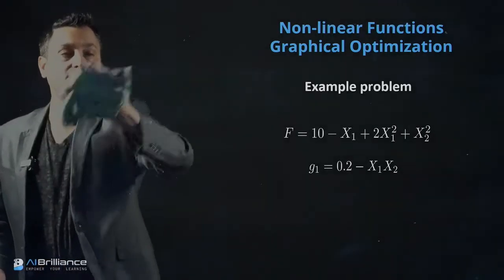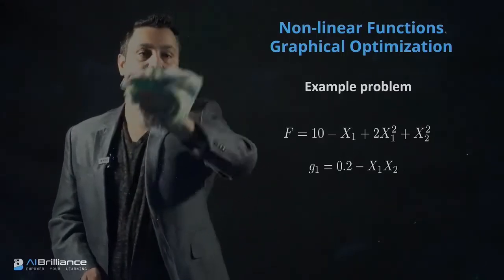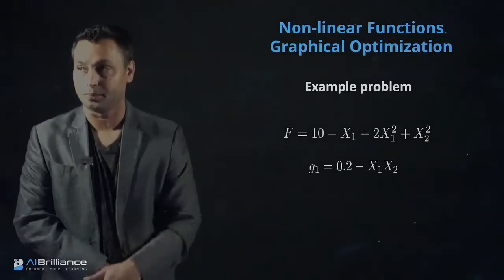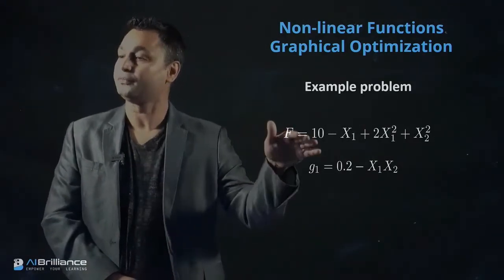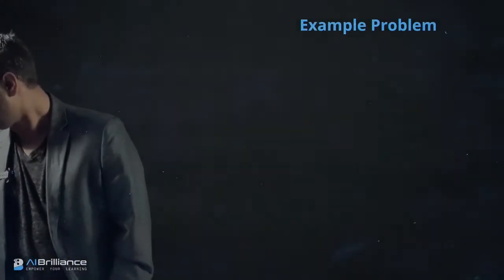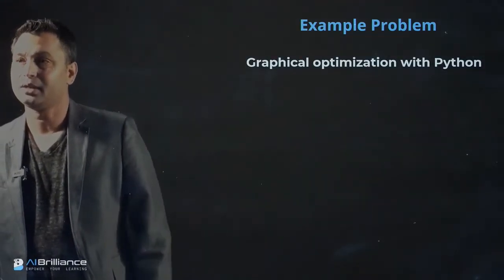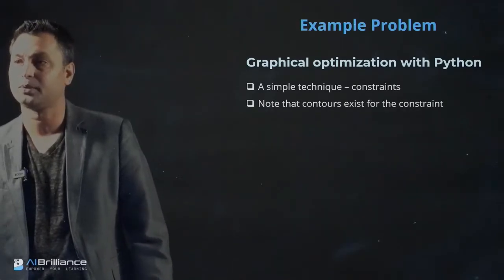One of the things you can also do for this class of problems is take the help of coding tools like Python or MATLAB, and you can plot out the nonlinear functions, which might also help you in solving this class of problem. So what we can do is take graphical optimization with Python, a simple technique to plot the constraint.